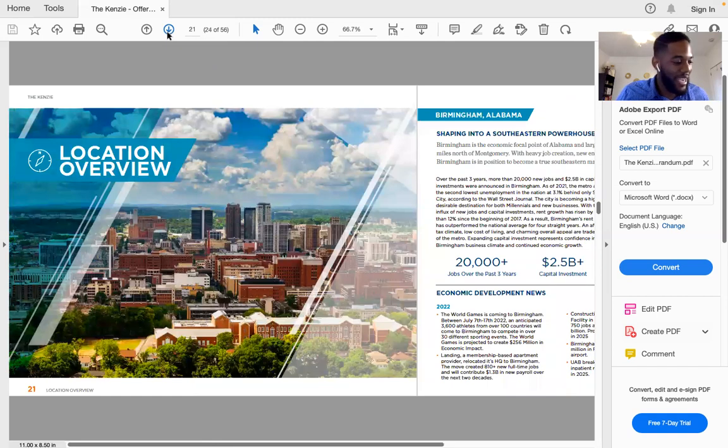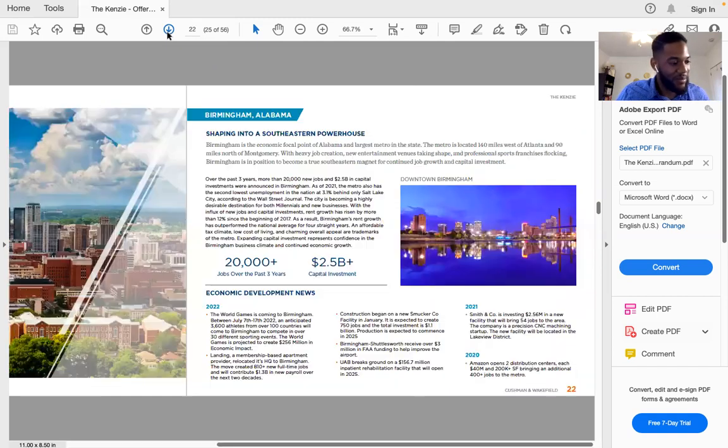So this is more like location. Yeah, so we're seeing the city putting $2.5 billion in capital investment, and 20,000 jobs in the past 3 years, right? So I definitely think that's encouraging.